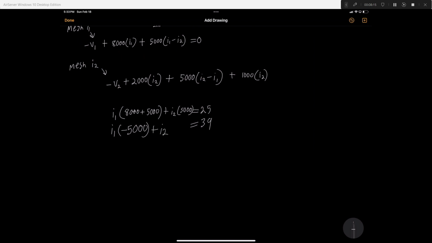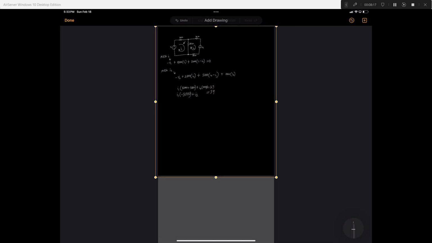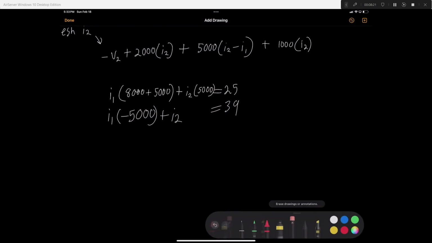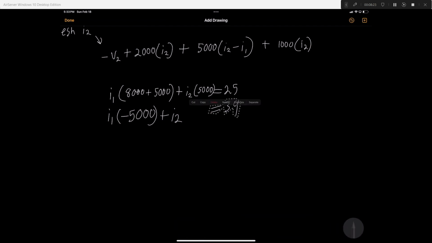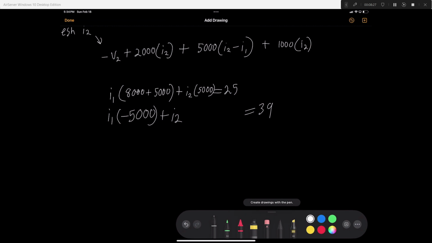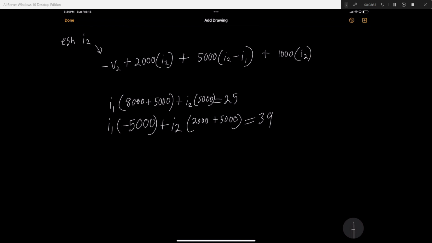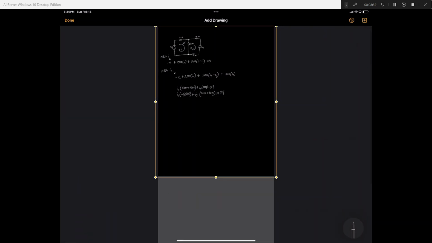For I2 we have 2,000 and 5,000. Let me move this over real quick. This one's a little bit longer. 2,000 plus 5,000. And that is the setup for our matrix.